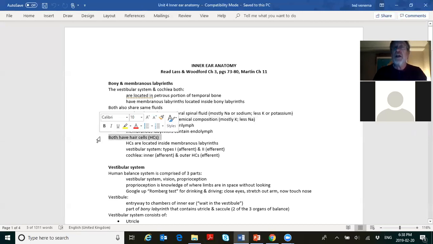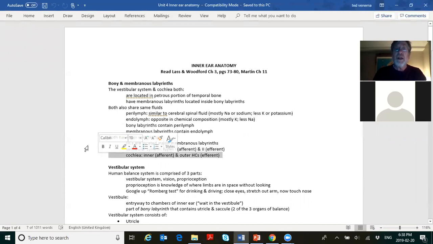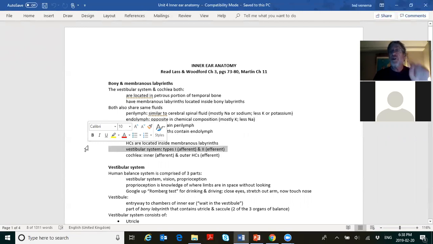Both have hair cells. Now, hair cells are located inside the membranous labyrinths of the vestibular system and the membranous labyrinths of the cochlea. The hair cells are always of two types. One is afferent, one's efferent.